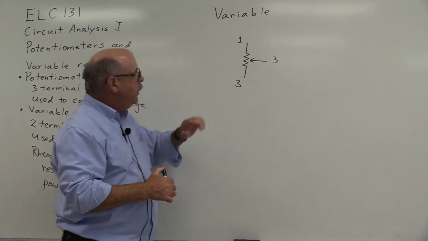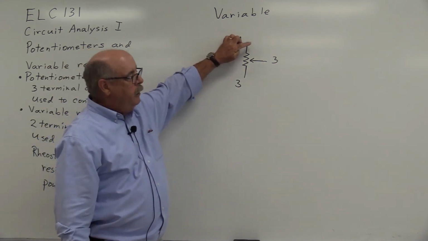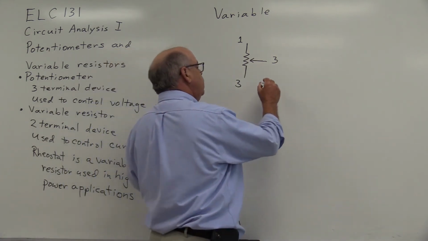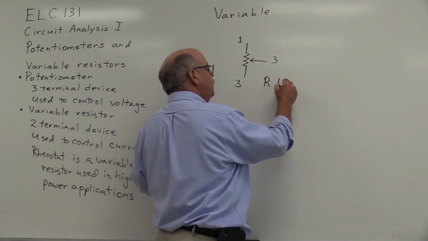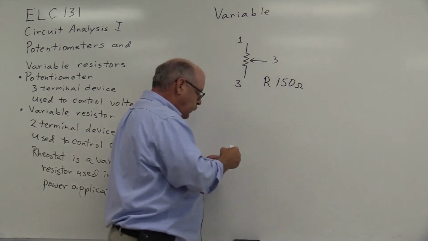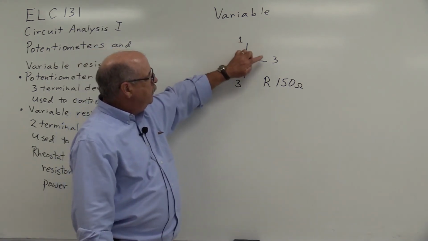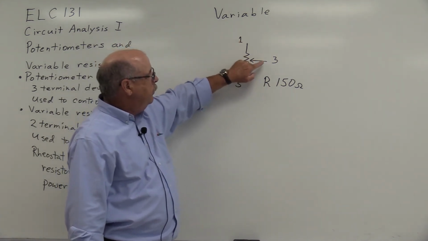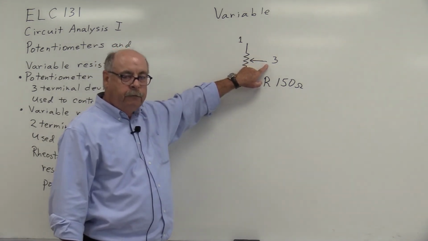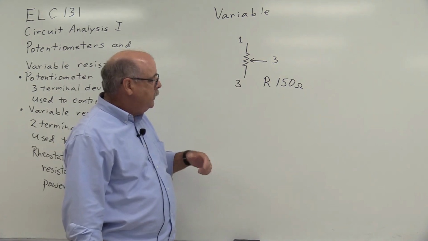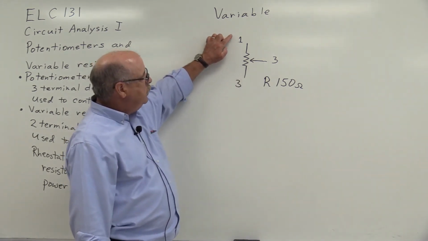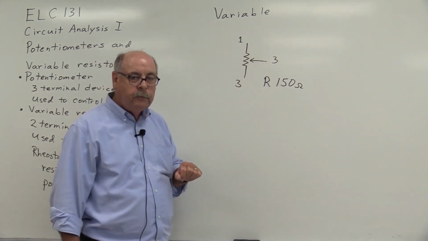So in our circuit, if we only use terminal 1 and terminal 3, we then have a device that can be adjusted such that the resistance from 1 to 3 is either 0 ohms or 150 ohms. That's what I mean by a two-terminal device. We're only using two of the terminals.